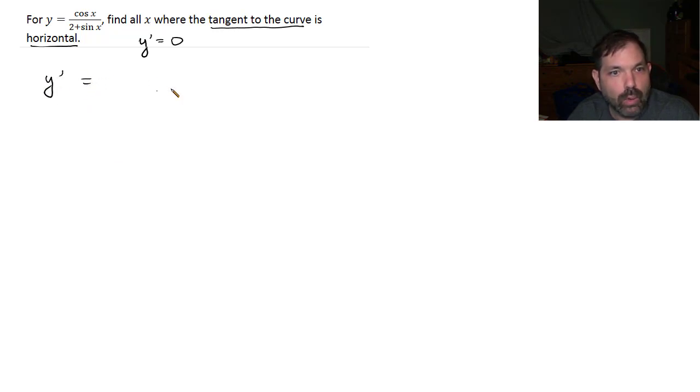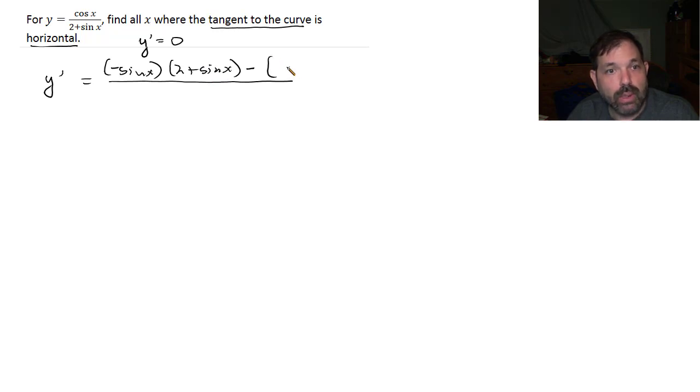For y prime, we will need to use the quotient rule here. So the derivative of the top would be negative sine x. Leave the bottom alone, 2 plus sine x. Minus, leave the top alone, cosine x, times the derivative of the denominator. The derivative of 2 plus sine x: the derivative of 2 goes to 0, and the derivative of sine x goes to cosine x.